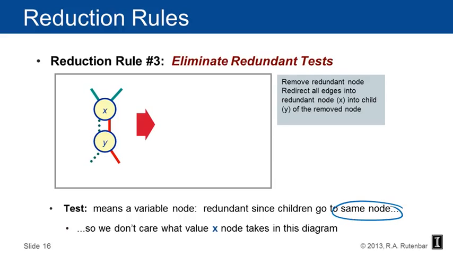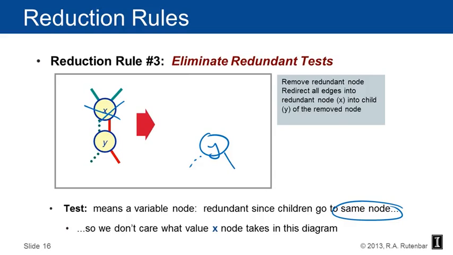And that's just dumb. In the diagram above, I don't need to know what x is. If x is 0, I go ask the y node what to do. If x is 1, I go ask the y node what to do. That's not necessary, and so I can kill the x node. I can keep the y node.